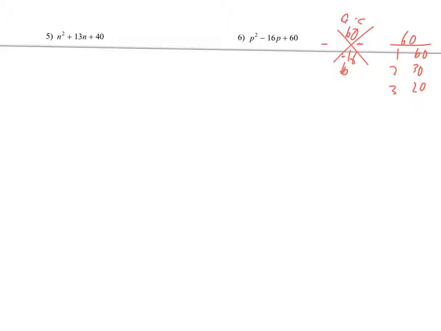We could do 4 and 15. We could do 5 and 12. And we could do 6 and 10. And I think that's it. So I'm looking for one to add up to negative 16. So I'll do it as a negative 6 and a negative 10. So it's going to be p minus 6, p minus 10.